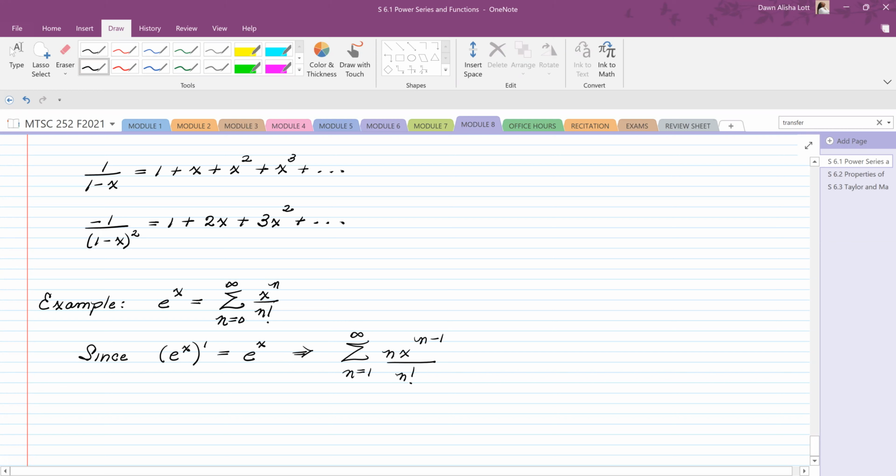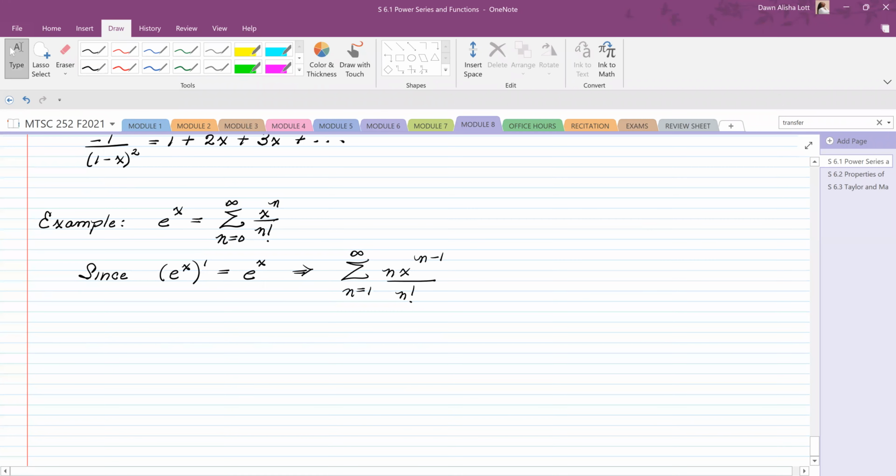You can just differentiate the series. Okay. Of course, it works for integration as well, except you have to add a plus c.